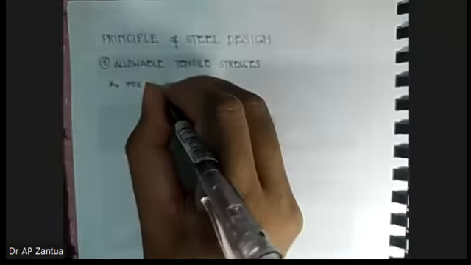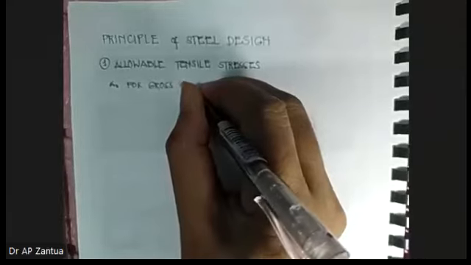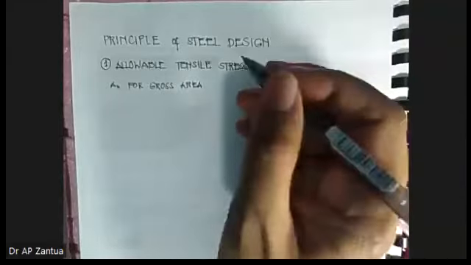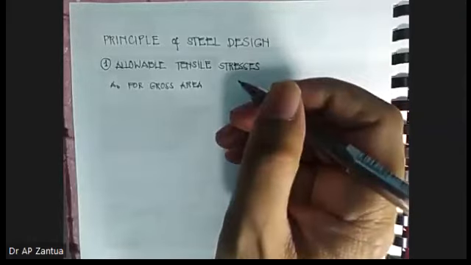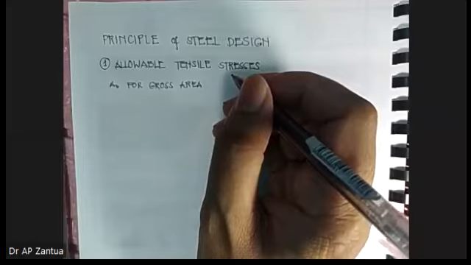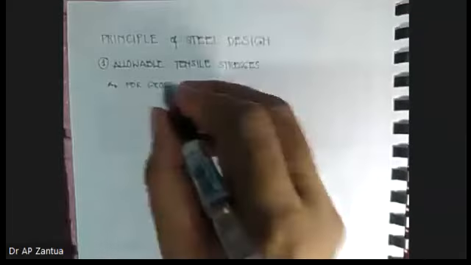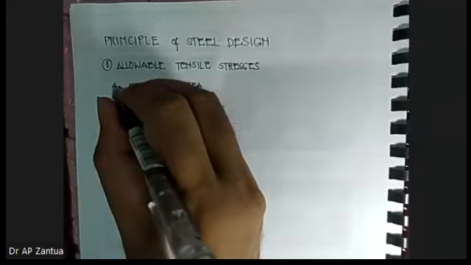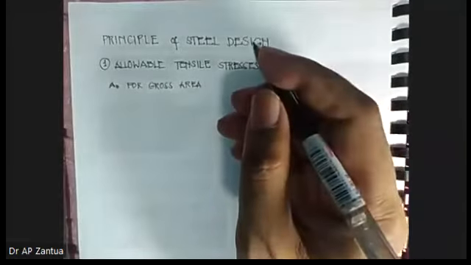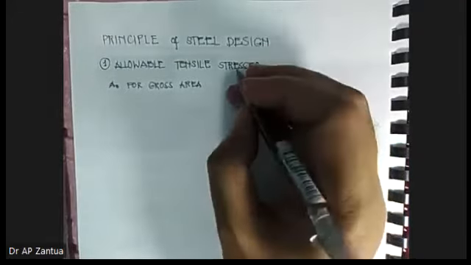When we are talking of stresses, we usually need to compute area because load divided by area, that is the amount of stress. So first, let us talk about two different types of areas, what we call gross area and net area.